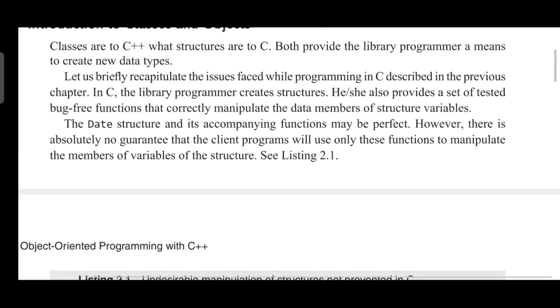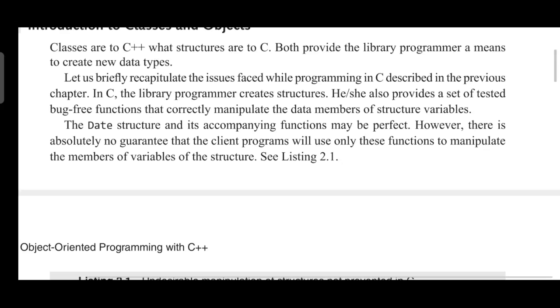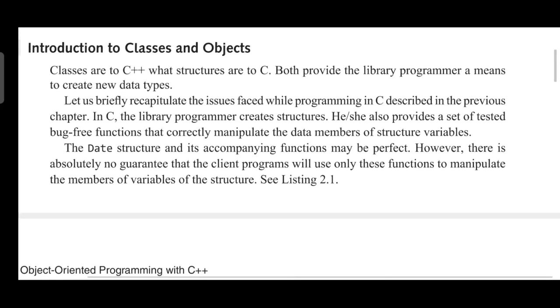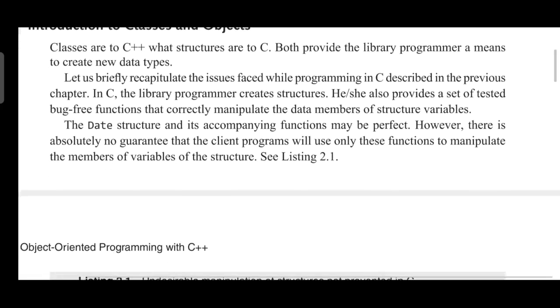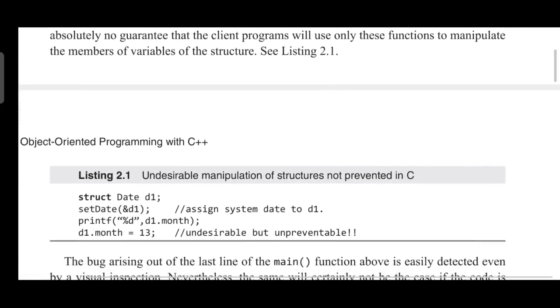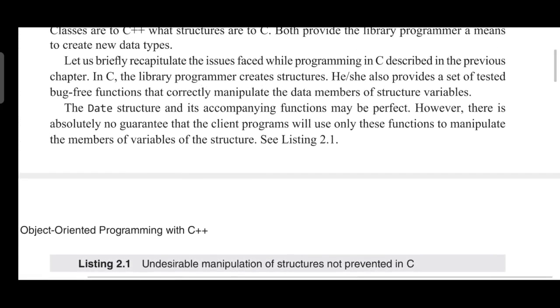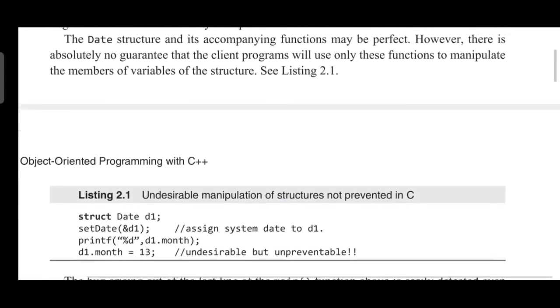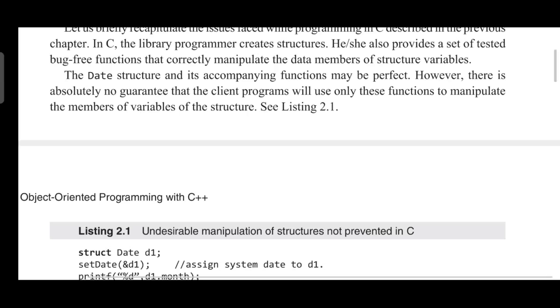Let us briefly recapitulate the issues faced while programming in C described in the previous chapter. That's what I told just now, right? So date was the example we have taken earlier. For manipulation of date, there should be some strict rules. After completion of 30 days, depending on the month, the next day can be either 1 or 31st, right?